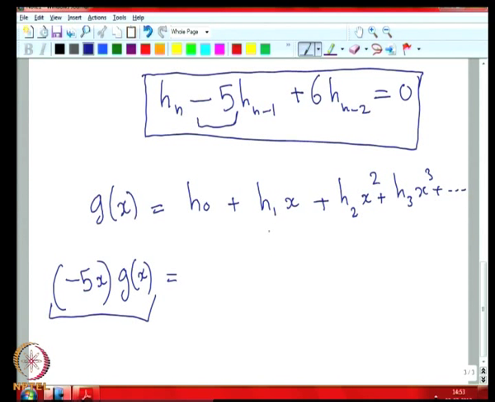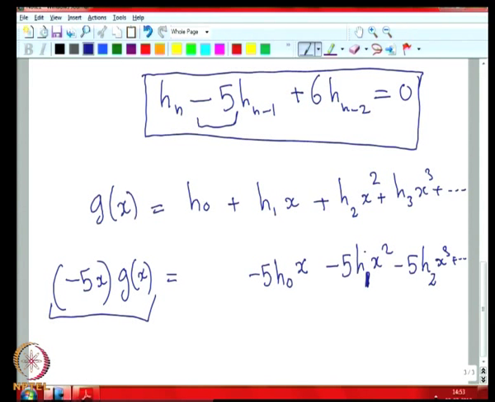Therefore we start writing from here: minus 5 into H0 into x, then minus 5 into H1 into x square, and then again minus 5 into H2 into x cube and so on. This is what we will get.